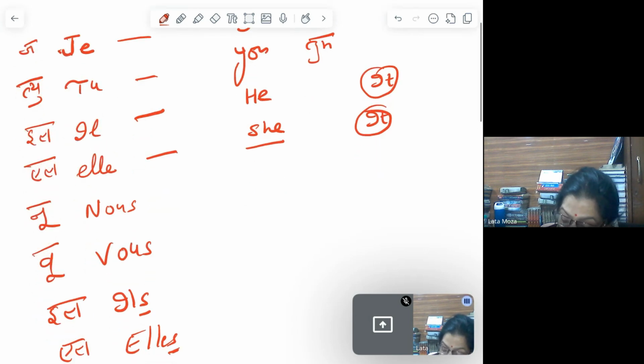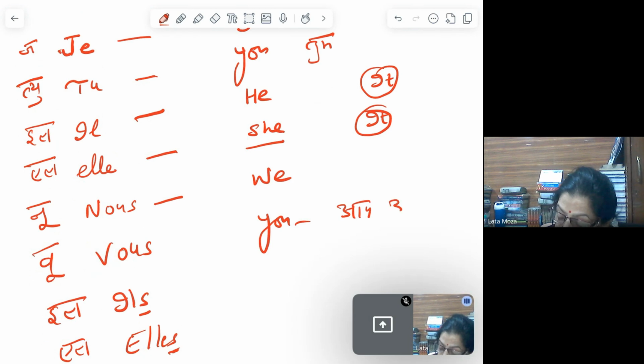Then we come to nous. Nous means we. And vous is you. That is aap. Even aap sab. And it is the plural form of tu also. That means tum sab also. Informal plural.